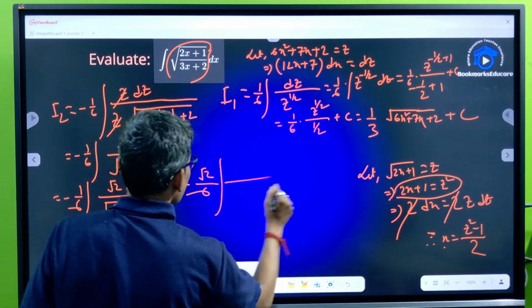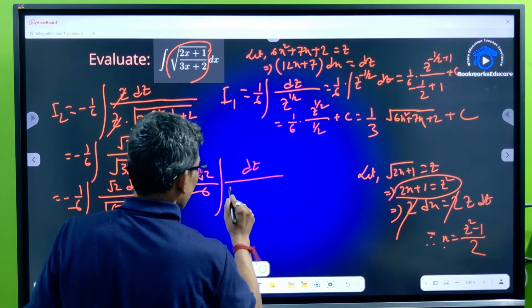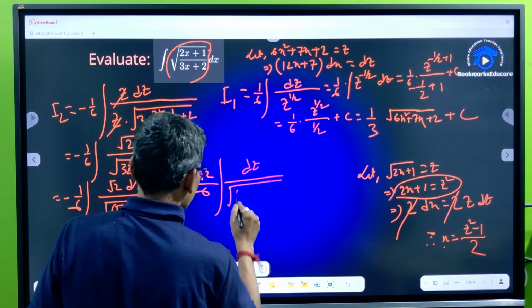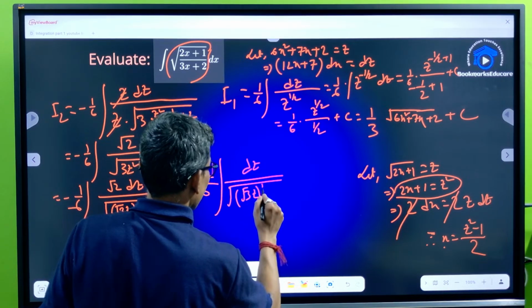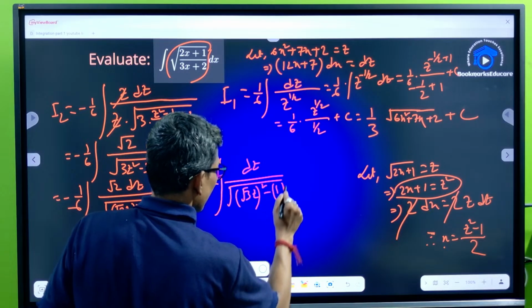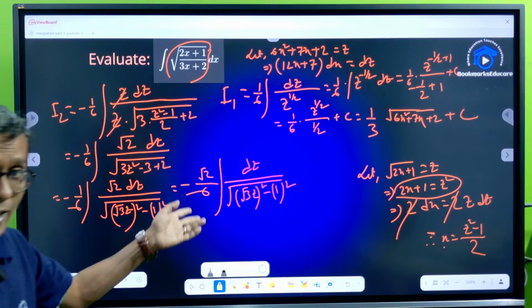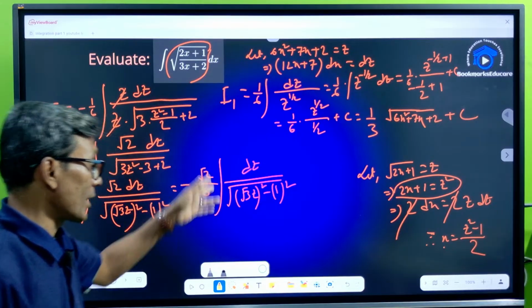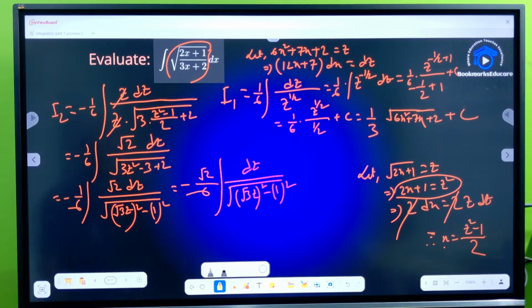This is also the standard form of indefinite integration. So this is a standard form. So integral of dx by root over of x square minus 1.